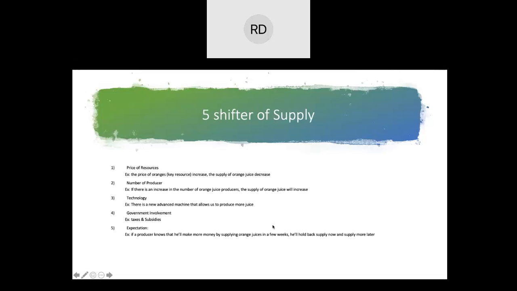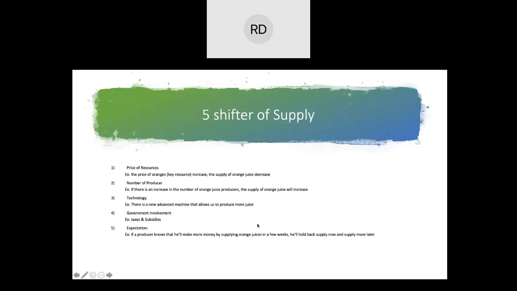All right. And then lastly, we have expectations. Expectations are, if as a supplier, I know that I will make more money by supplying my orange juice in a few weeks, what I would do right now is hold back my supply, and I would supply orange juice later on, like in a couple of weeks, when I'm going to make more profit out of it.